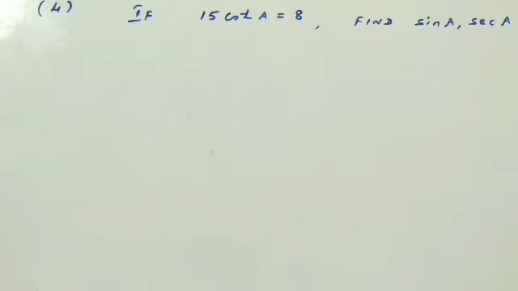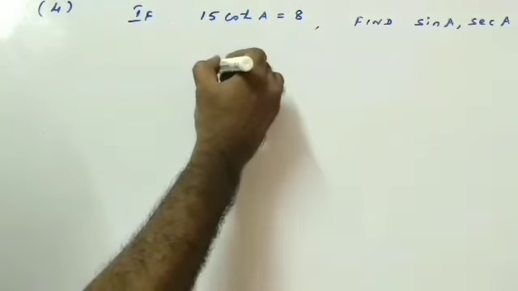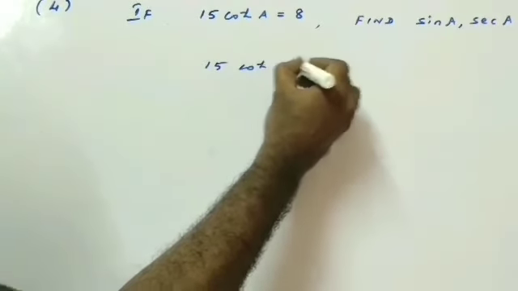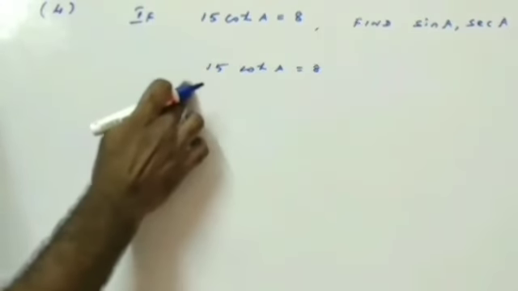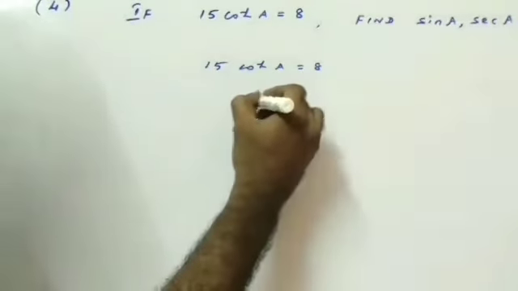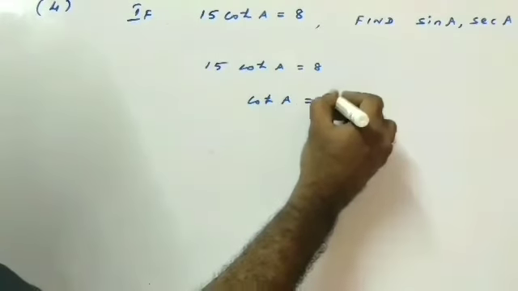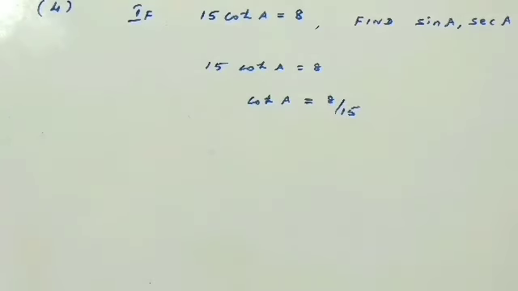If 15 cot A equals 8, then find sin A and sec A. Now 15 cot A equals 8. Cross multiply the number 15, so we get cot A equals 8 by 15. Now draw the diagram.